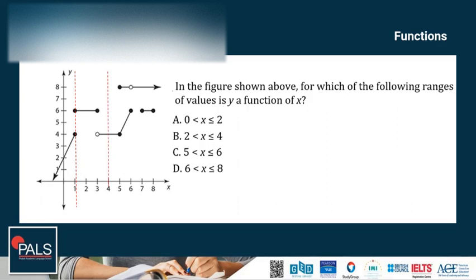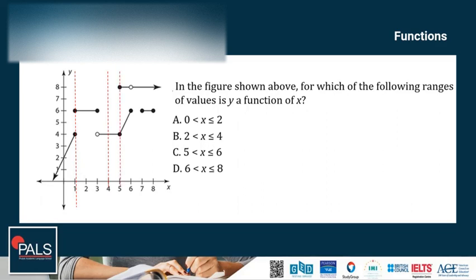Letter B, x is greater than 2 but less than or equal to 4. Okay? Checking from 2 to 4, there is only one value of y for every value of x.